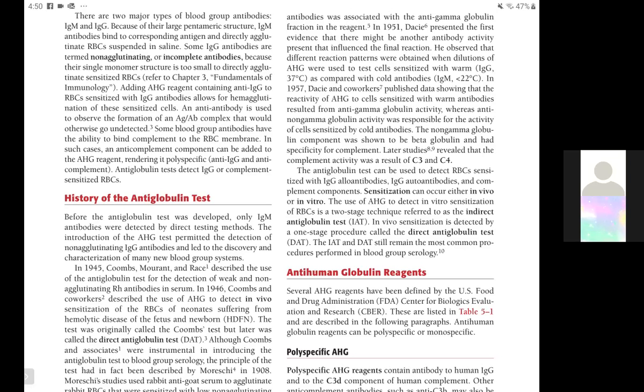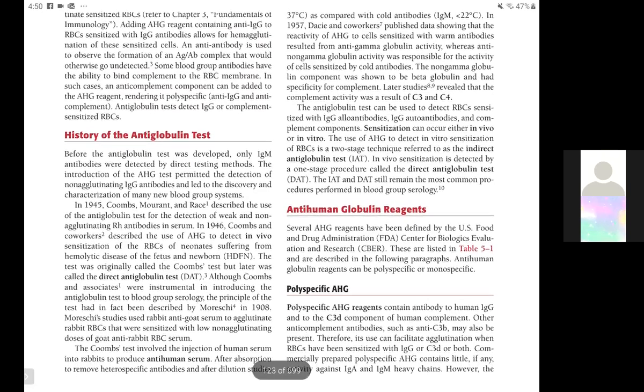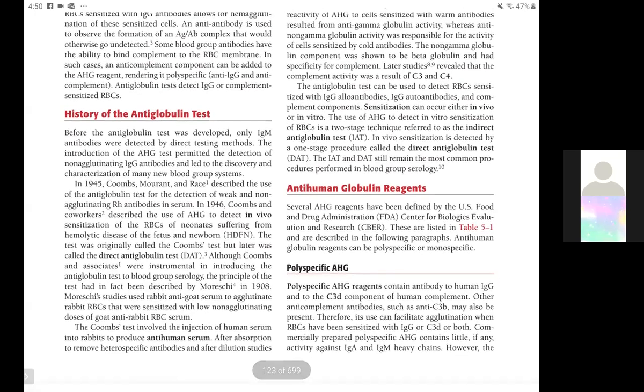So the antiglobulin test can be used to detect RBCs sensitized with IgG, and not only the IgG but also the complement C3 and C4 beta globulin parts can be picked up, and all allo and auto antibodies can also be picked up.